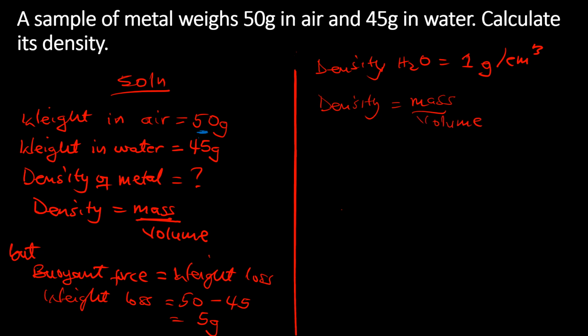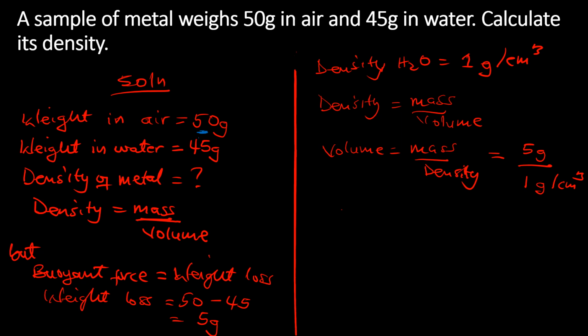So to find the volume is a matter of change of subject. So volume will be equal to mass over density, and we know the mass to be 5 grams, and we also know the density of water to be 1 gram per cm cube.